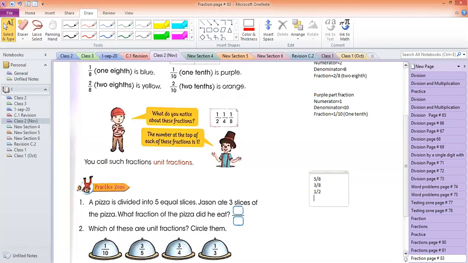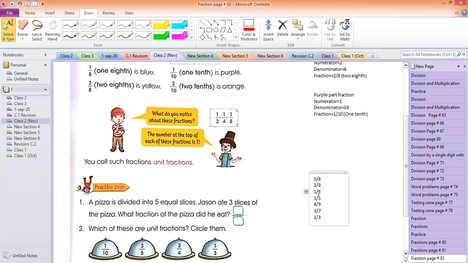I'm going to write different fractions for you. These are some fractions, okay? What are unit fractions and what are non-unit fractions?